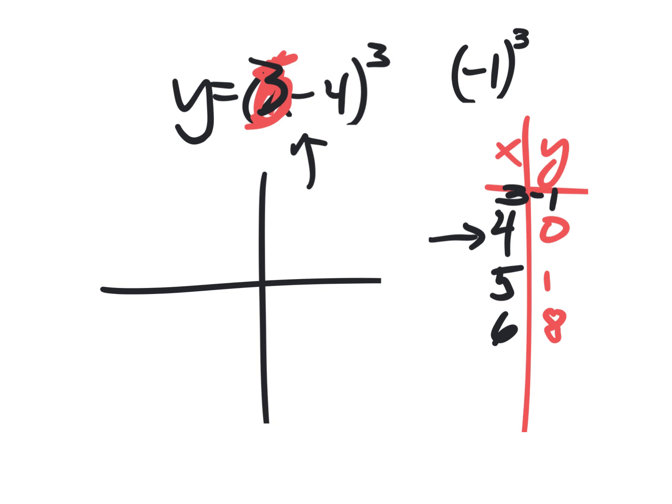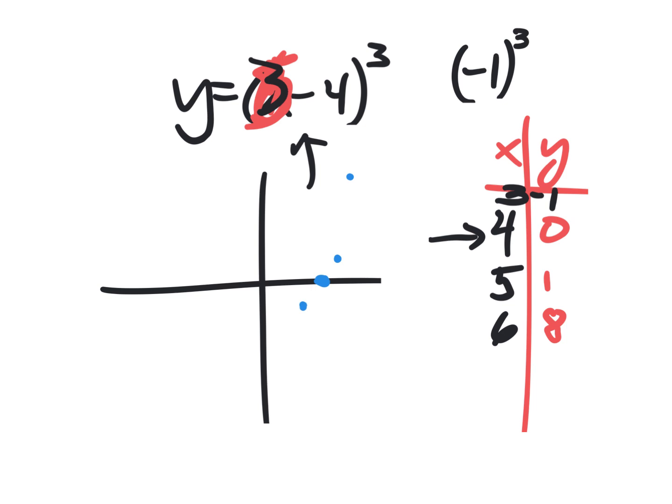Remember, domain is left to right. This one is weirder than a normal straight line because it's got a power, so it's a curve. So let's just graph it. Over 4 up 0, over 5 up 1, over 6 up 8, over 3 down 1.